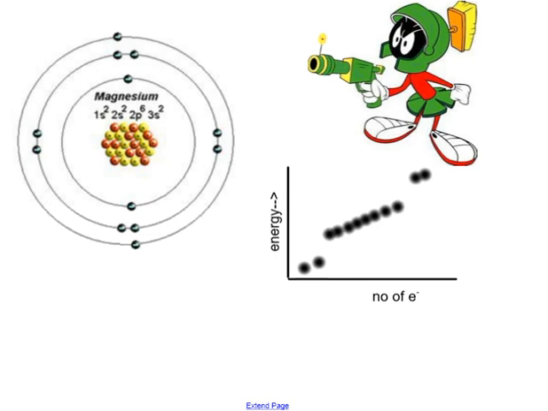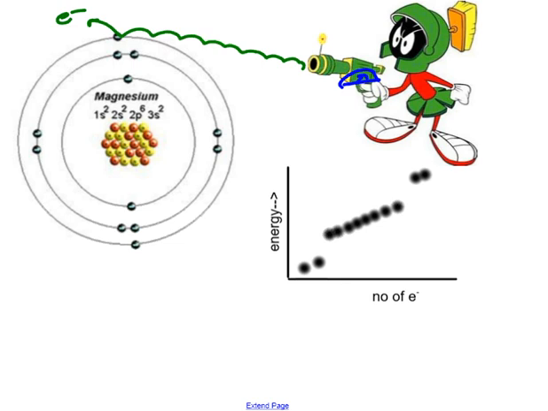I always like picturing Marvin the Martian as my little idea of what ionization energy might look like. Suppose Marvin had his little ray gun and was shooting off the electrons one at a time. We would see that the outermost electrons were the easiest to knock off. So if he shot his little ray gun and managed to hit an electron and knock it free, he could have a little meter on the side and he could measure how much energy it took to knock that electron off.